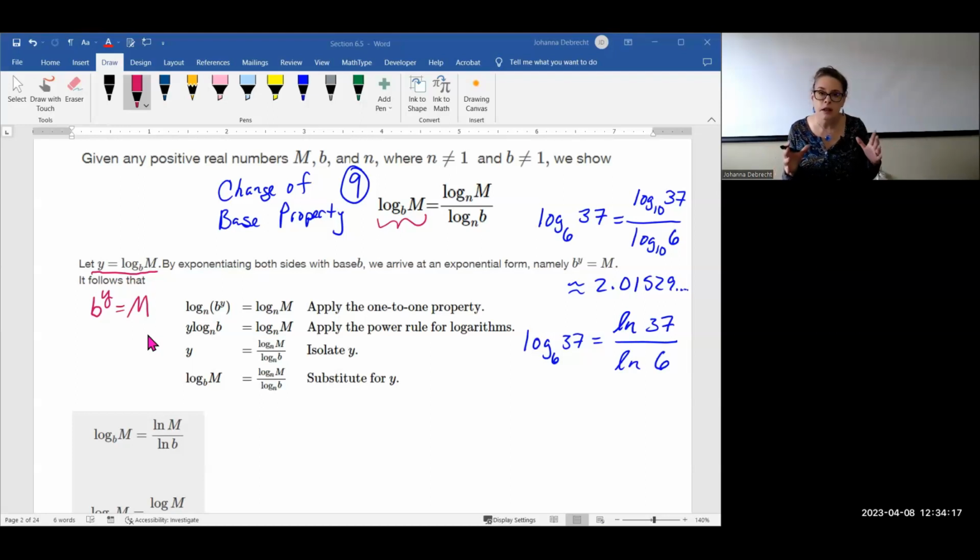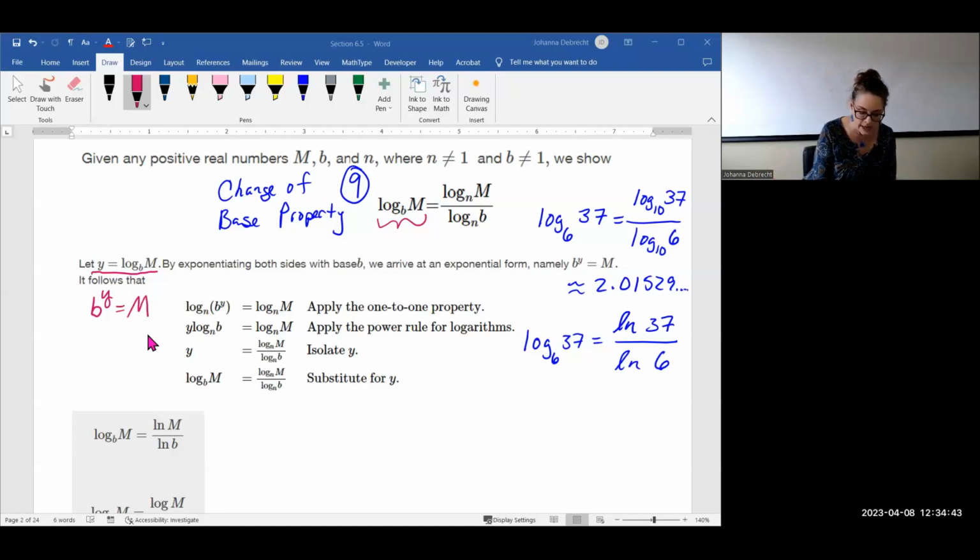This is that equality property that says if you apply a function, an operation, to both sides of the equation, you won't change the solutions. Like you can multiply both sides of an equation by 2, or you could add 5 to both sides of an equation. What we're doing here is applying a one-to-one operation, the logarithm of some base, to both sides of that exponential.